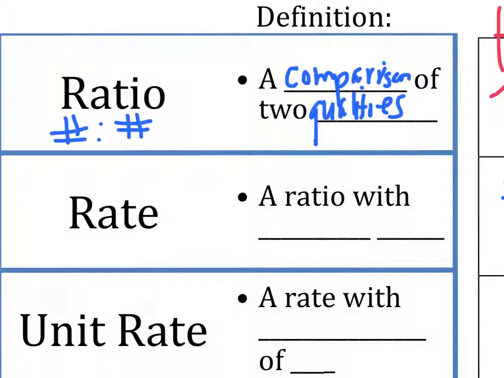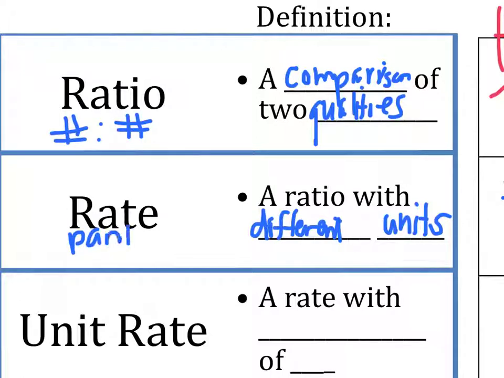And a rate is a ratio with different units. So on this one, it would be a great idea to write down pants versus shirts, or oxygen versus hydrogen. Those are different units, basically meaning different labels. And if you want to write down labels as well, that would be fine. Those are 2 different labels. They're different.